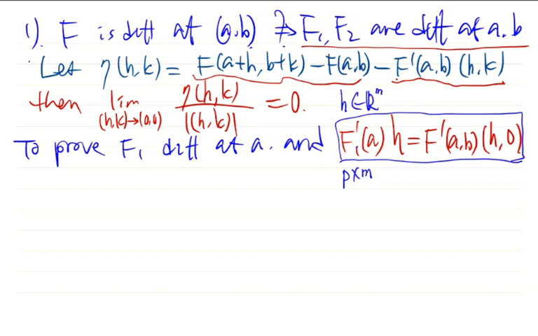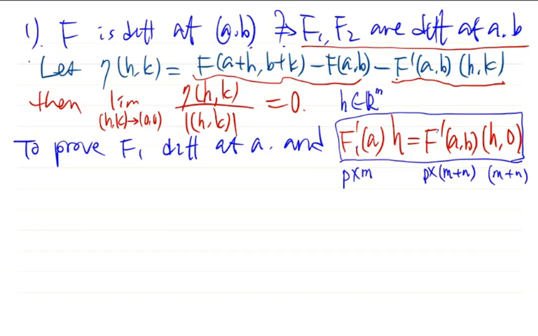Therefore, this multiplication is a vector in R^p. The right hand side is also a vector in R^p, because the derivative of F at (a, b) is p by (m plus n), and (h, 0) is an (m plus n)-dimensional vector, so their multiplication is also a vector in R^p. So this is the formula for computing the derivative of f1.